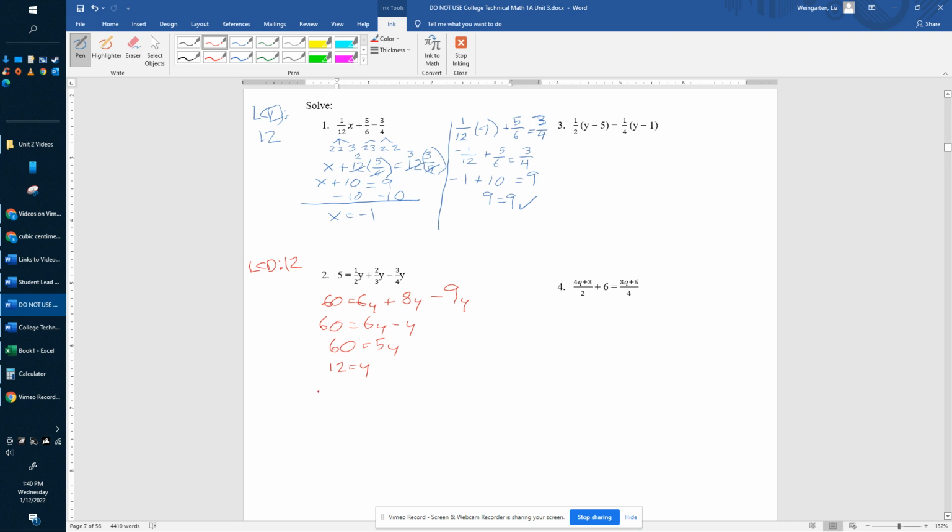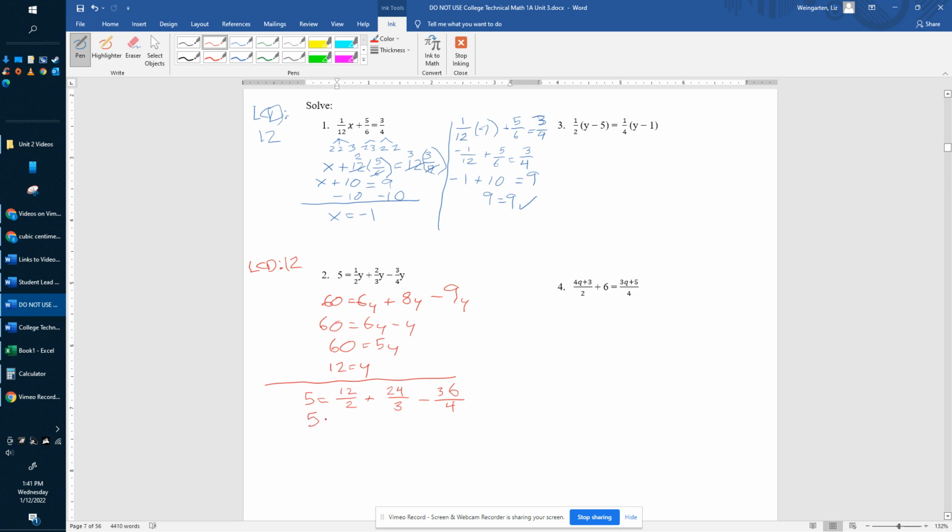Let's plug that in. I'll do it below because I actually have some room down here. So 5 equals 12 over 2 plus 2 times 12 is 24 over 3 minus 3 times 12 is 36 over 4. We can simplify all these fractions so we don't have to worry about multiplying both sides of the equation.